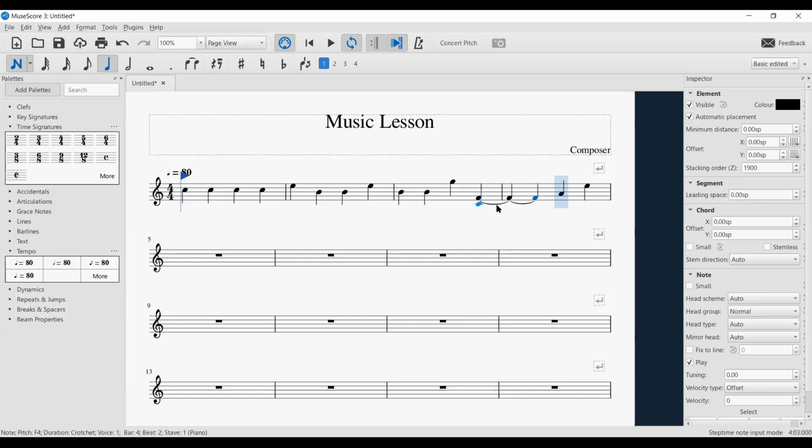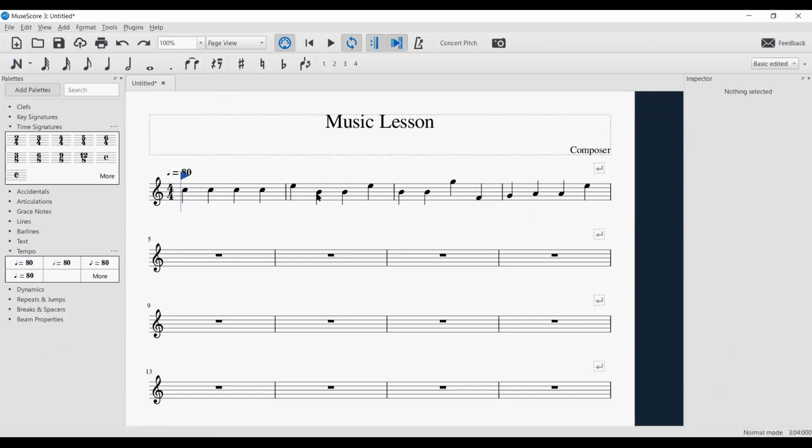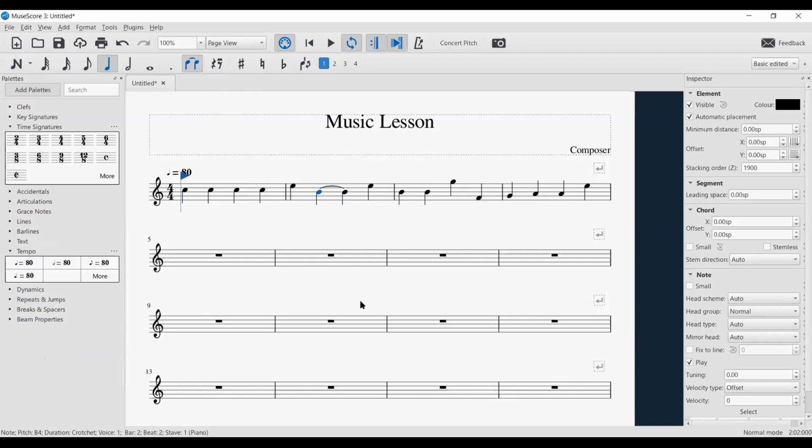No, it's adding it there. Okay, I think I know what to do. Escape. So we click on that and do that. To add a tie, we click on one note and we click that. It's going to add to the next one. Let's add a tie to the next. I hope it's going to work. Okay, it seems like it's not going to happen.